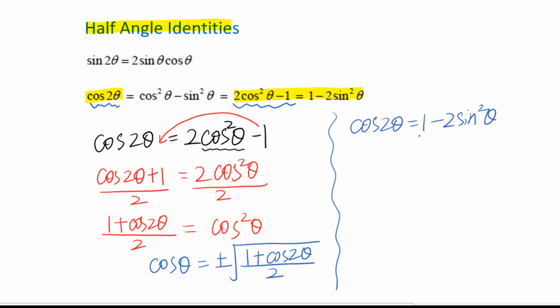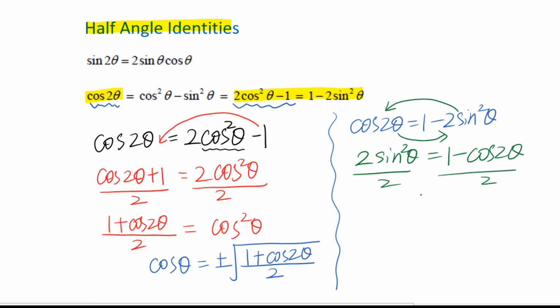For this formula, we will add 2 sine squared theta both sides and then subtract cosine 2 theta both sides. You will get 2 sine squared theta equals 1 minus cosine 2 theta. Then we divide it by 2 both sides. You will get sine squared theta equals 1 minus cosine 2 theta over 2.